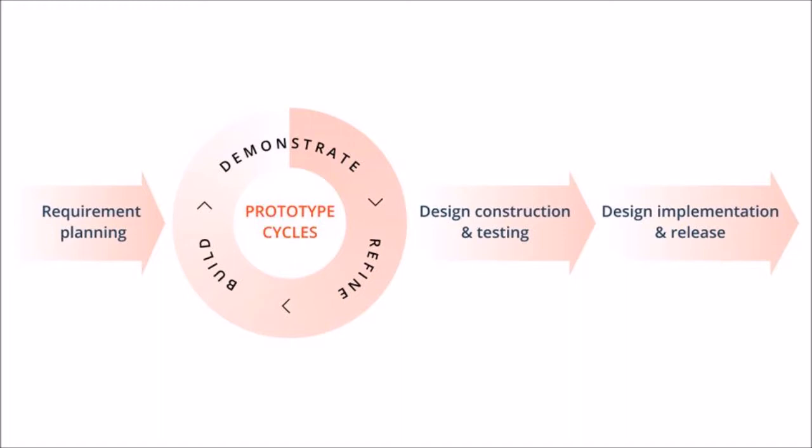The RAD is a linear sequential software development process model that emphasizes a concise development cycle using an element-based construction approach. If the requirements are well understood and described, and the project scope is constrained, the RAD process enables a development team to create a fully functional system within a concise time period.